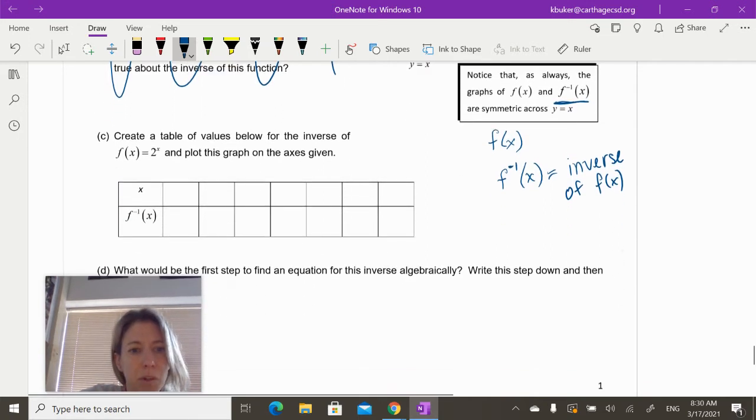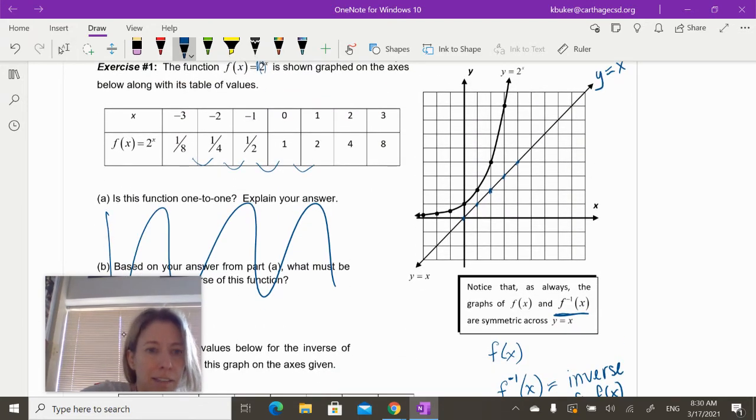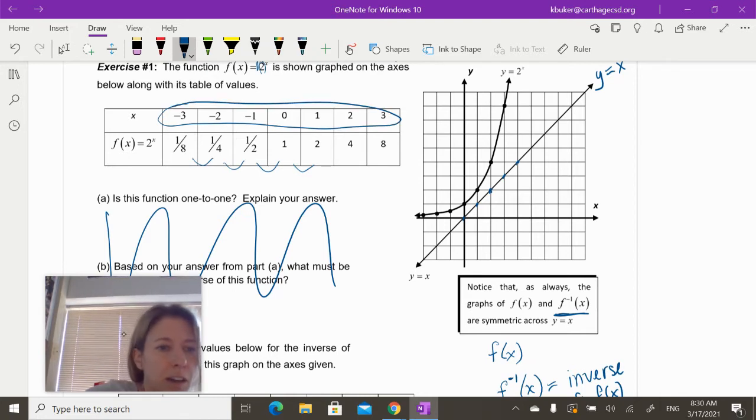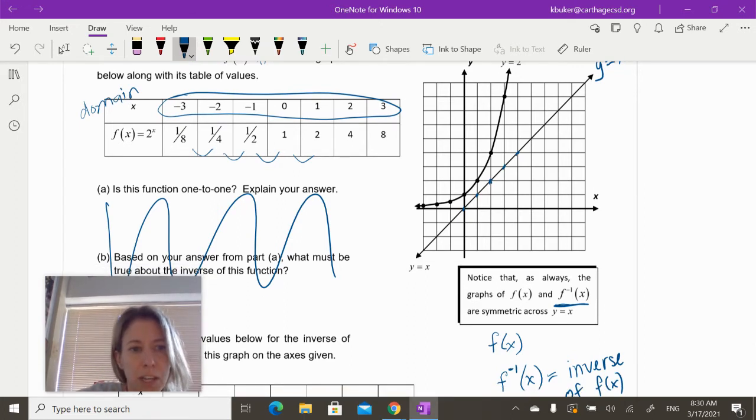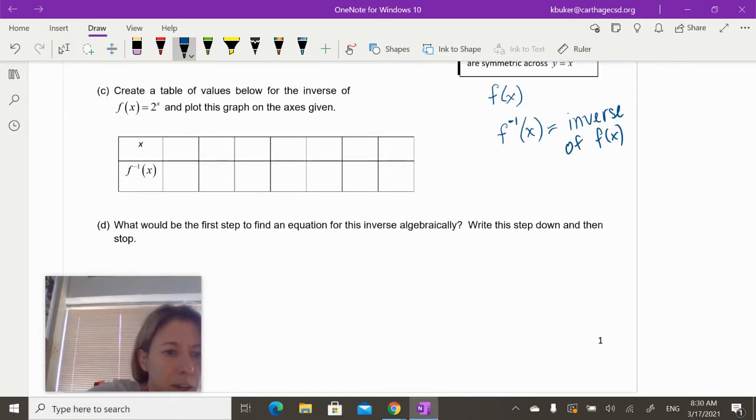Okay, so here they want us to create a table for the inverse of f of x. So like I said, we're just going to switch the x and y. So our x's in this exponential are -3 to 3. That's our domain for this one, -3 to 3. Well, if I switch the x and y's, that domain of this function is going to become the range, which is the range of just all the y values of its inverse.